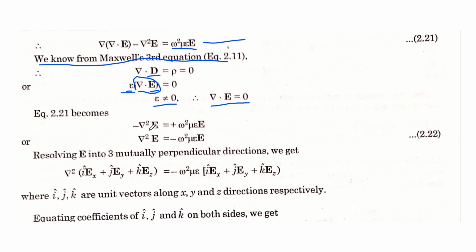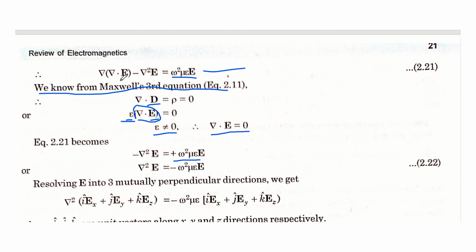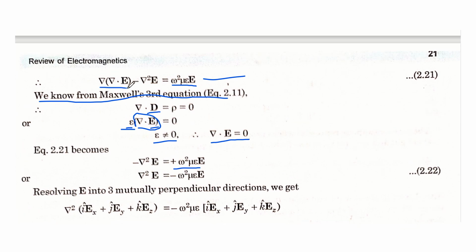Now consider here minus del square E bar is equal to omega square mu epsilon E bar. How I can write this means, here observe, this is the equation. In this equation I simply replace this del cross E bar as 0.